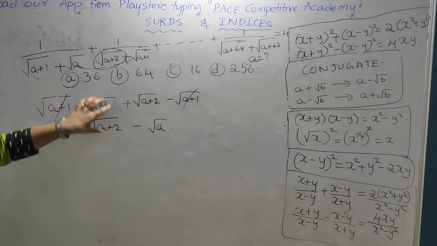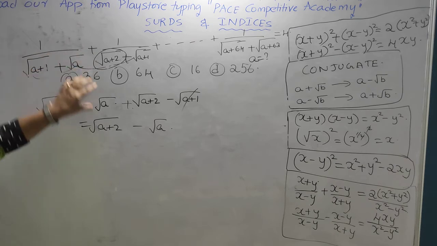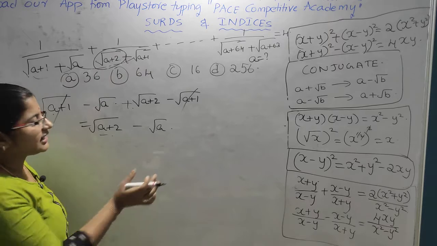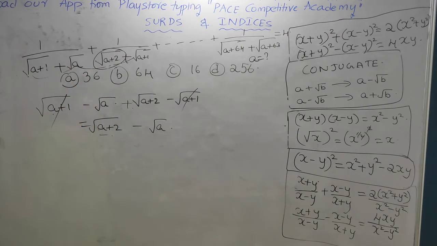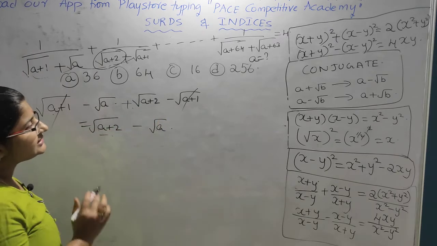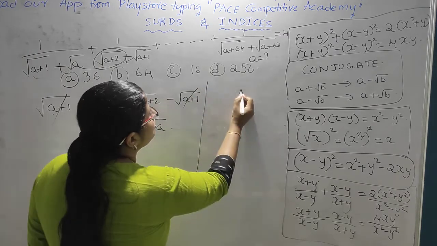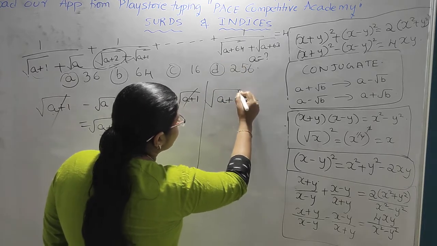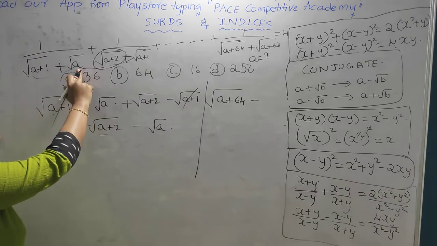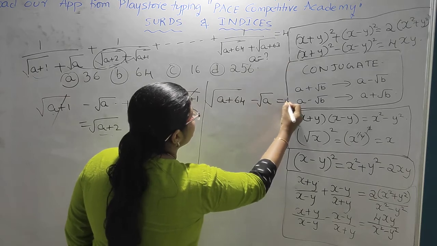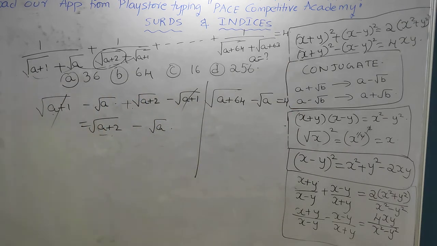So we need to subtract these two: the highest value from the second term minus the lowest value. From this result you can conclude that the resultant may be of the form: the highest value root over a plus 64 minus the least value from the first term, which is root a, equal to 4. Okay, so this is how you may get the result.